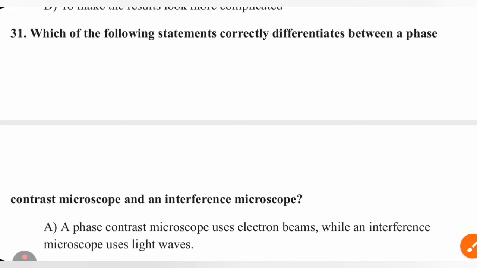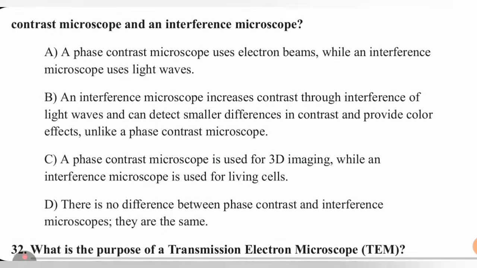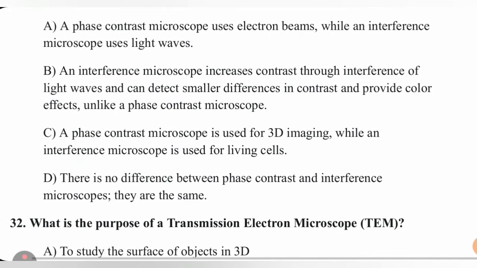Which of the following statements correctly differentiates between a phase contrast microscope and an interference microscope? A. A phase contrast microscope uses electron beams, while an interference microscope uses light waves.